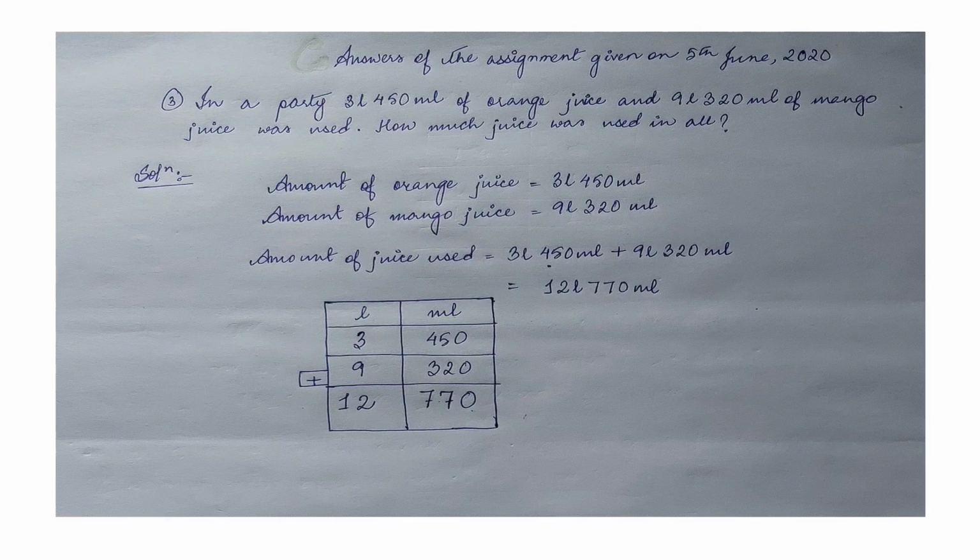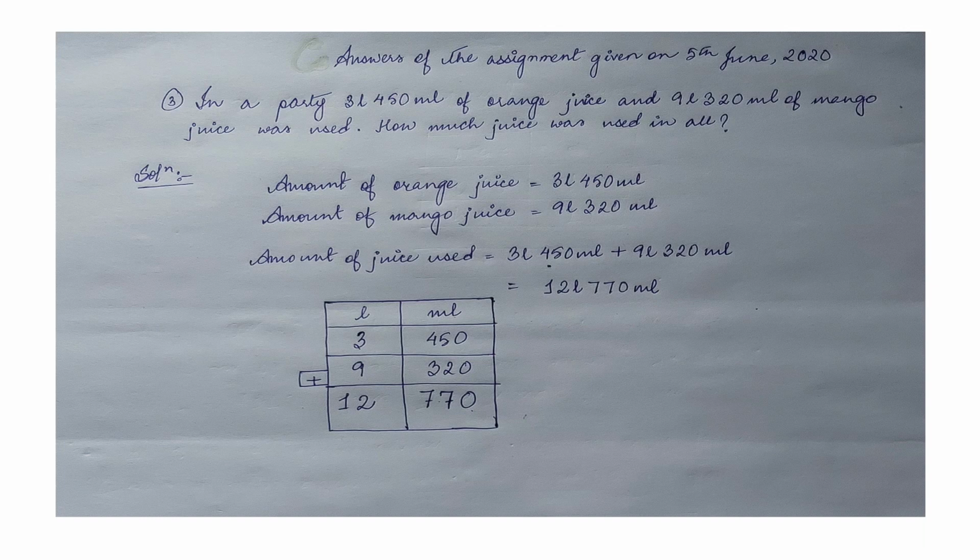Next, question number 3. In a party, 3 liter 450 milliliter of orange juice and 9 liter 320 milliliter of mango juice was used. How much juice was used in all? The amount of juice used will be 3 liter 450 milliliter plus 9 liter 320 milliliter.